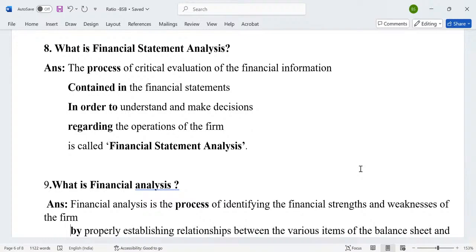It is a process of critical evaluation of financial information, contained in the financial statement, in order to understand and make the decisions regarding the operation of the firm. This is called financial statement analysis.